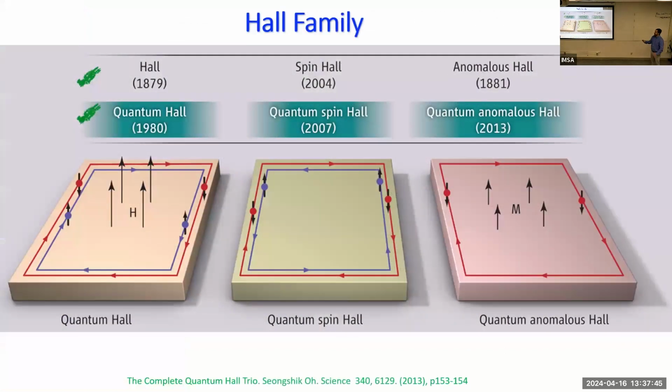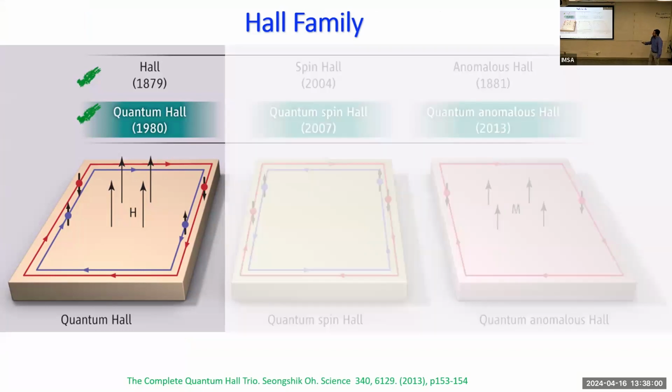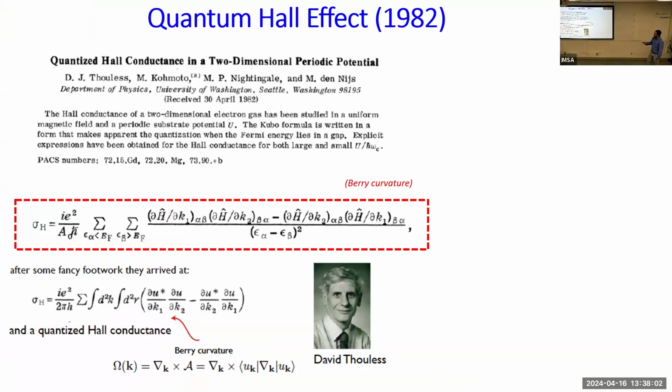Fortunately, we talked this morning about this phenomenon. This is the Hall family. We have the normal Hall effect, the quantum Hall effect, and the spin Hall, quantum spin Hall, anomalous Hall, and quantum anomalous Hall effect. And we can go faster here.